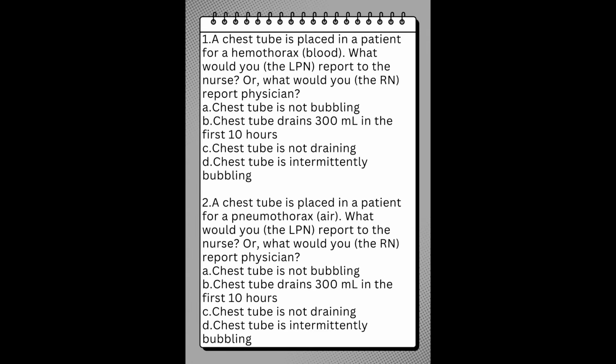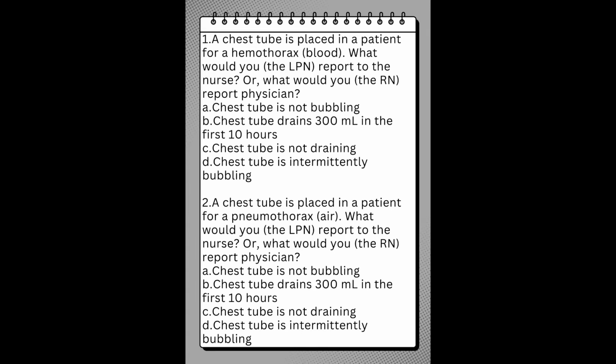A, chest tube is not bubbling. B, chest tube drains 300 ml in the first 10 hours. C, chest tube is not draining. D, chest tube is intermittently bubbling.